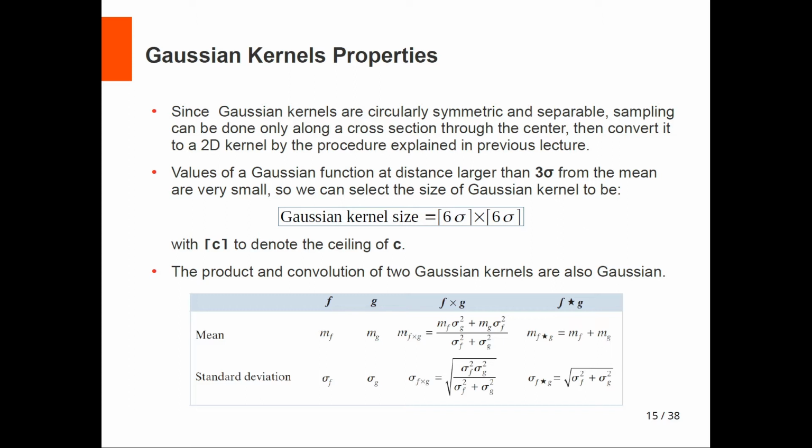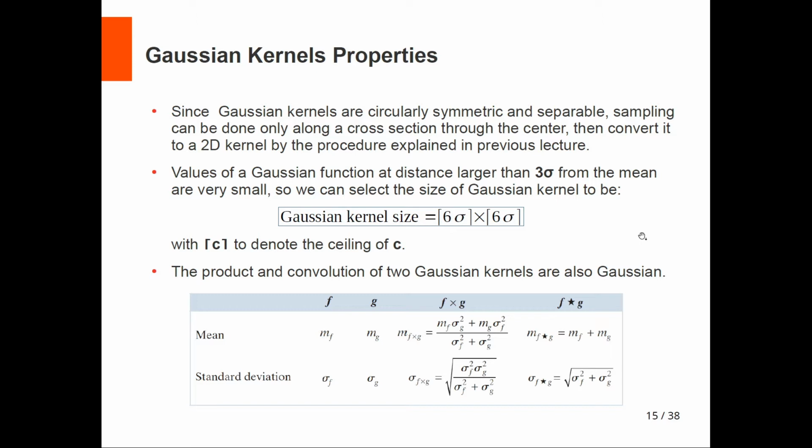So values of a Gaussian function at distances that are larger than 3 sigma from the mean are very, very small. So we can select the size of the Gaussian kernel to be at max ceiling of 6 sigma by 6 sigma. This symbol basically shows the ceiling of the value inside of it.